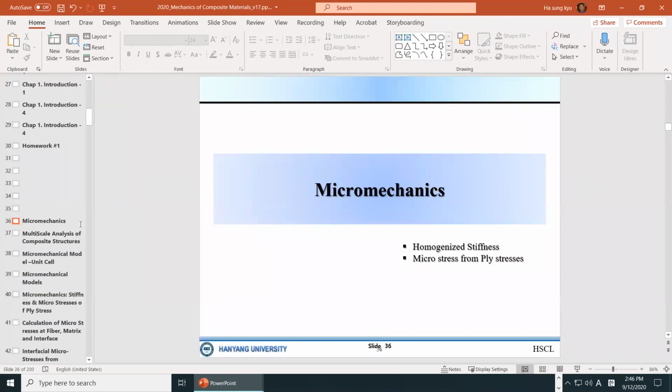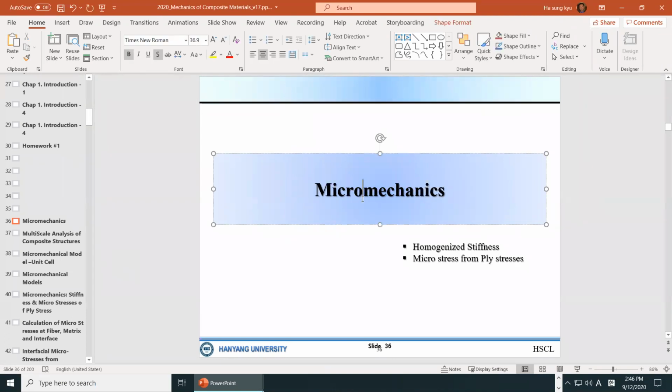Today, I'd like to go through micromechanics. Micromechanics, what does it mean, and why do we need to understand micromechanics in these composite materials? Okay.